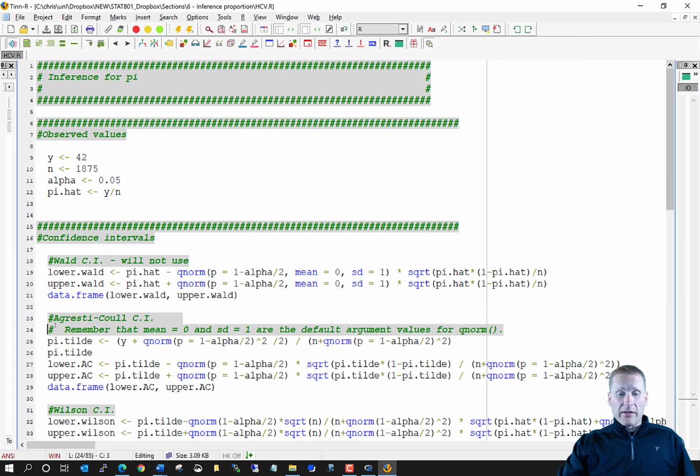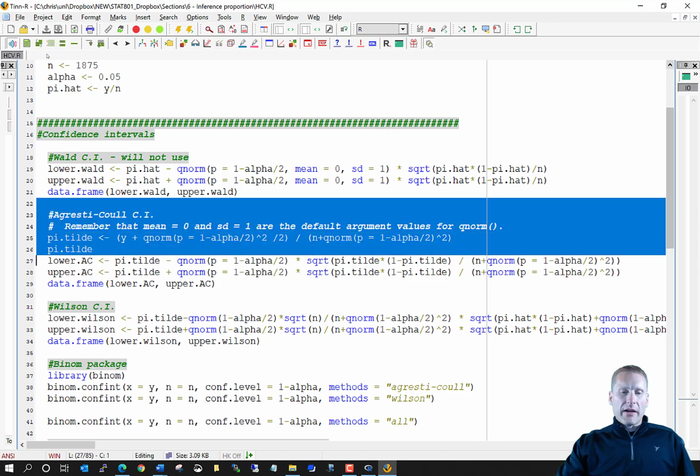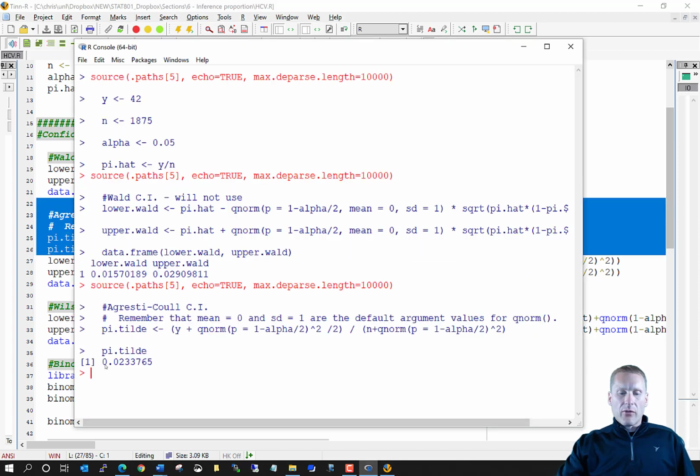Let's go ahead and calculate then the Agresti-Coull. I put in my y. Here's my quantile from the standard normal. I square it. I take all this divided by 2 in terms of the z sub alpha divided by 2 part only. Then I have n plus the quantile from the standard normal, square it. Put that onto an object called pi dot tilde, and we get exactly what we did before, 0.023.